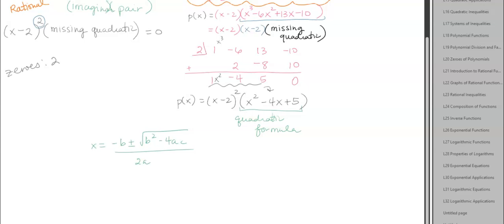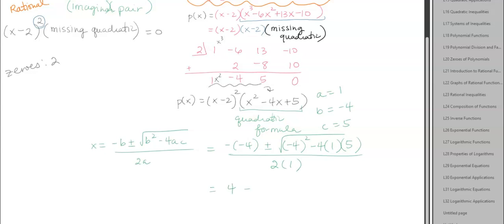Okay, so now going back to my quadratic formula, b in this case is negative 4, just looking at these coefficients here. So we have negative 4 plus or minus the square root of negative 4 squared. That does need to be in parentheses when you square a negative number. Times 4ac all over 2a.